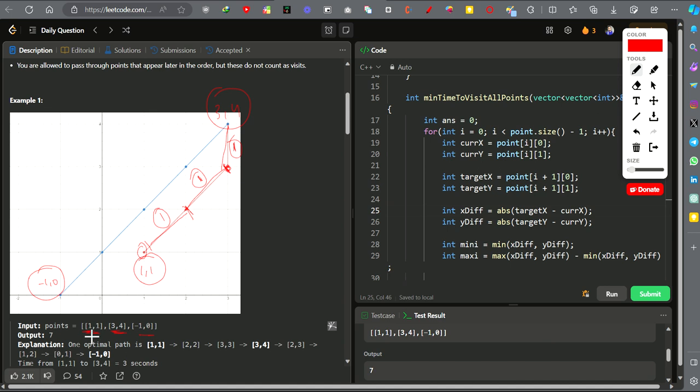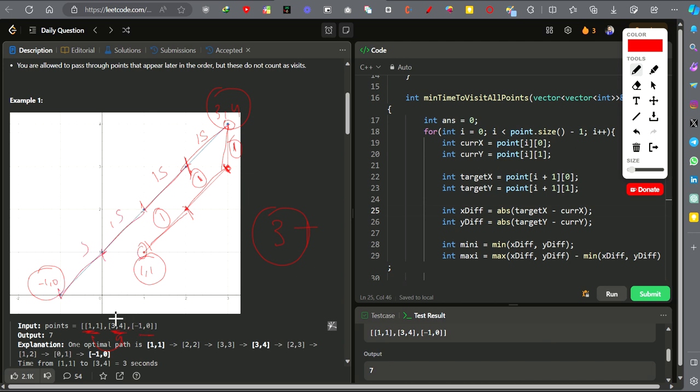So in order to reach from 1 comma 1 to 3 comma 4, in total we take 3 units of distance, 3 units of time, let's say, because we are taking 1 unit of time to cover 1 unit of distance. So for this we took 3 units of time, and again from here we took 1 second here, and then another second here, and another, and another.